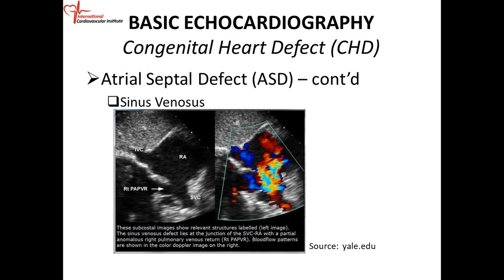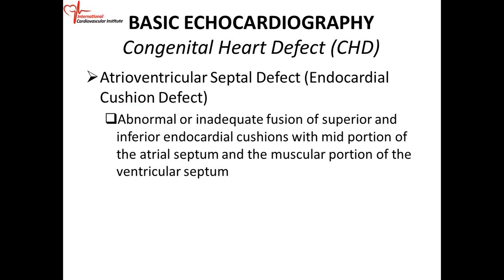Okay, and again, your transesophageal echo is going to be important. And when you think about sinus venosus defect, you always have to think in terms of anomalous pulmonary venous drainage, and you have to look for those as well.